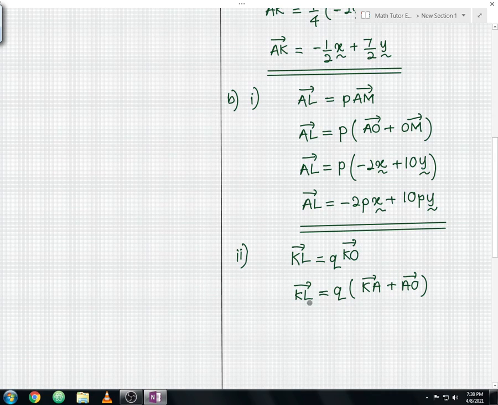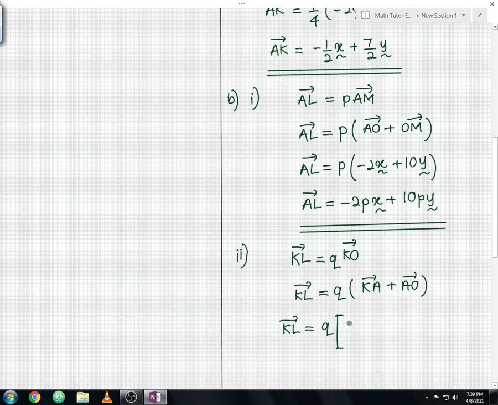So let us continue our working. Vector KL is equal to Q times vector KA. Vector AK is negative half x plus 7 over 2 y. So vector KA is the opposite direction of vector AK, so the opposite direction will be half x minus 7 over 2 y.